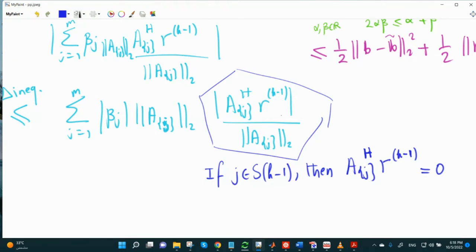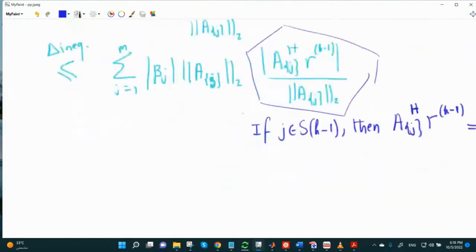And what is the column that gives this quantity its largest value? From the algorithm, it is v_k. So we will upper bound this by a_{v_k}, because by definition, v_k is the argmax of this quantity after we exclude the columns that are in S_{k-1}.